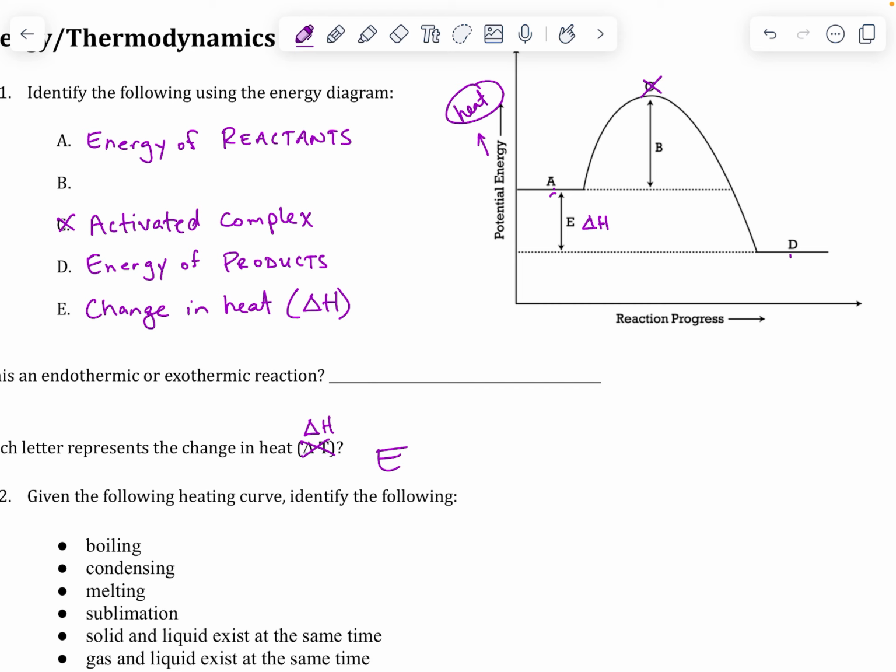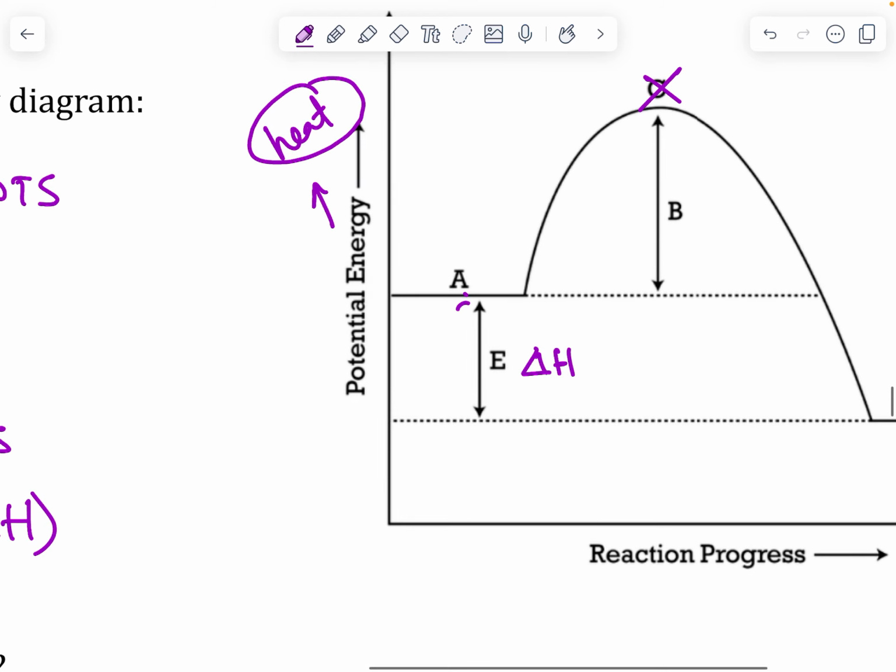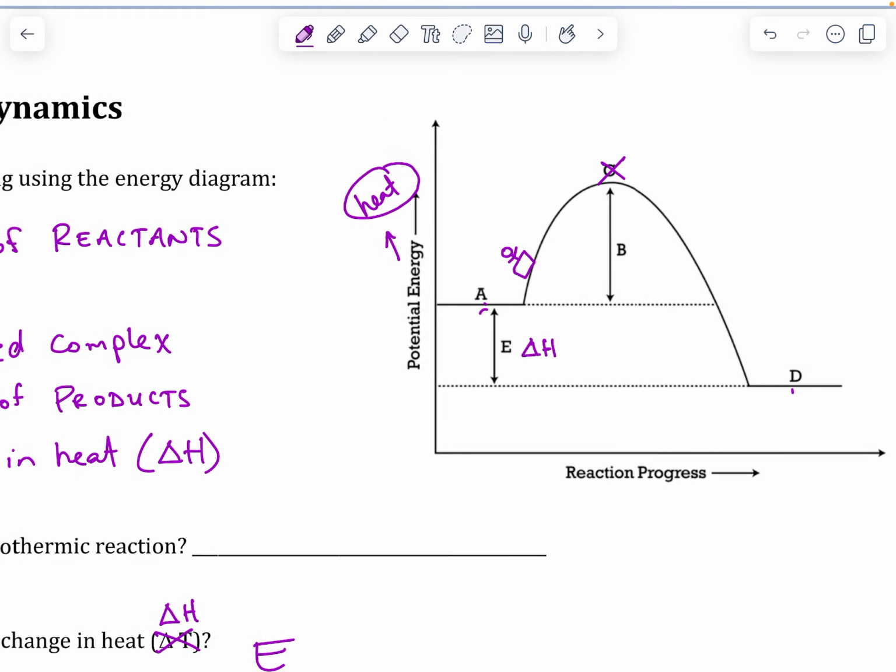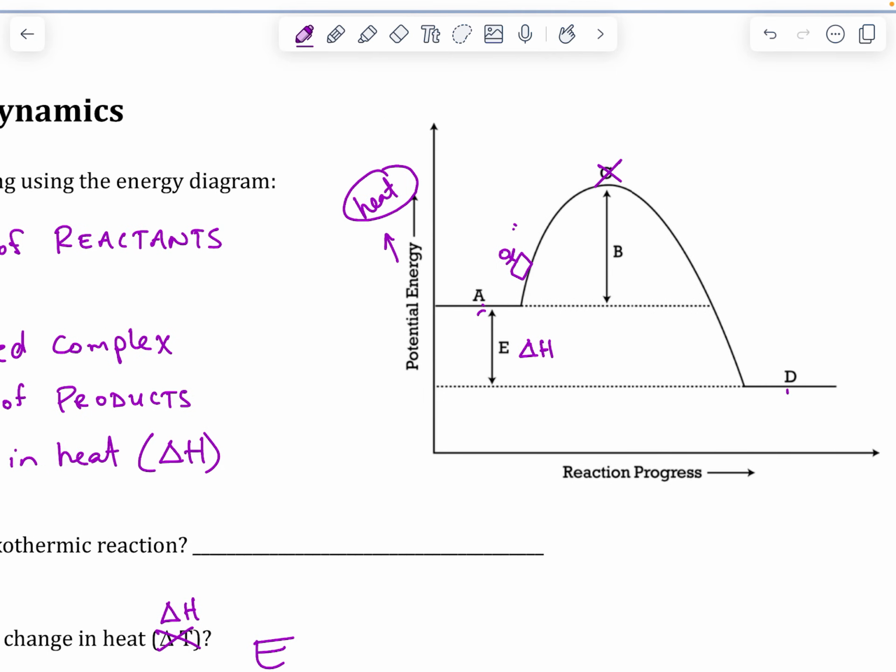And then B. So think about this as like a little roller coaster. If you've ever been on a roller coaster, here is the cart, and here is maybe you. In order to go through this roller coaster, you need to go all the way up to the top in order to then progress through, right? Well, these chemical reactions are no different.